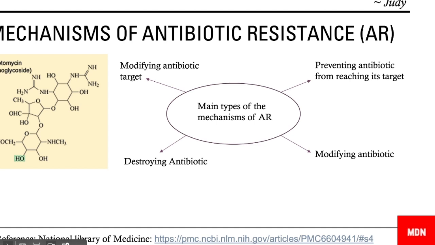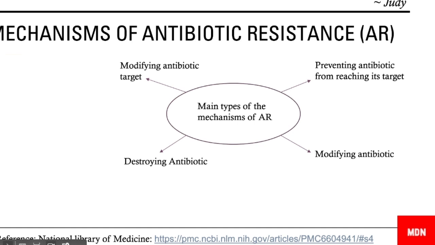This is because the hydroxyl groups on this antibiotic are very susceptible to change. So we could have enzymes attaching phosphate groups, acetyl groups, and again, it follows the same mechanism. The shape of the antibiotic changes, so it no longer binds to the target on the bacterium. And again, that's another mechanism of antibiotic resistance.